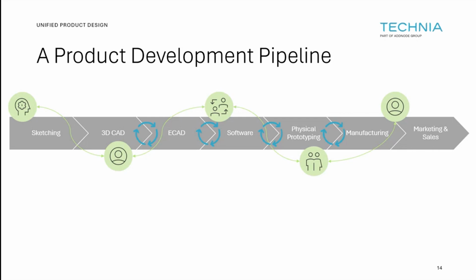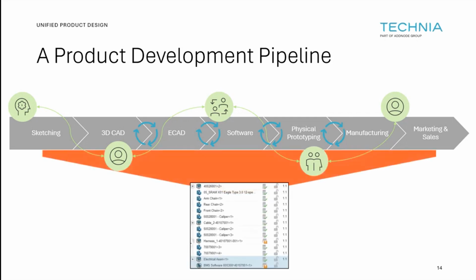SolidWorks and 3D Experience allow us to run simulations at every stage, whether it's mechanical stress analysis or, for example, an electrical current test. This real-time feedback helps identify potential issues early, before physical prototypes are built, saving both time and cost while improving product quality.